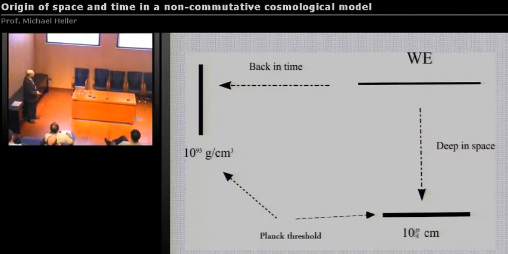So let's notice that here we are at the Planck level backward in time, and here now, but deeper into the space. But there are no two Planck levels. It is just the same single Planck level. This tells us something about the nature of the Planck level.